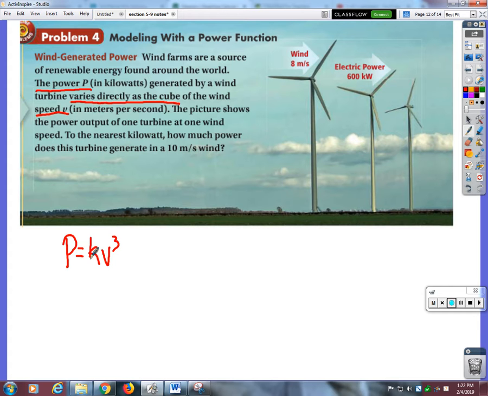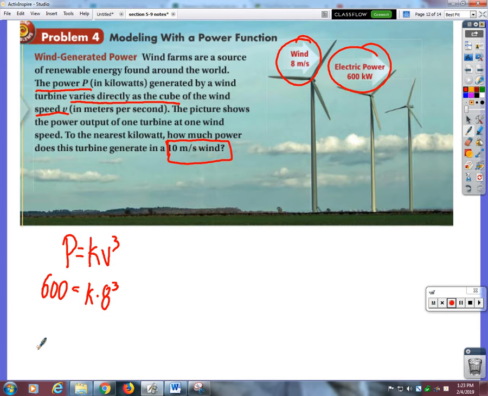So in this problem, we're given some initial information that when the wind is 8 meters per second, you get 600 kilowatts of power. They would like for us to figure out how much power we're going to get if the wind is 10 meters per second. So I'm going to plug in 8 for the wind velocity, and that is going to give me 600 as an answer.